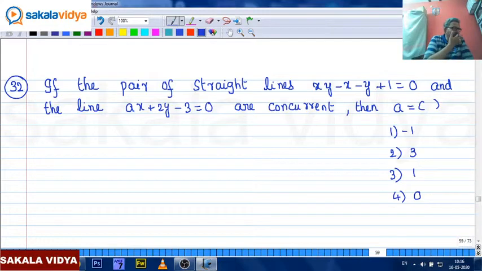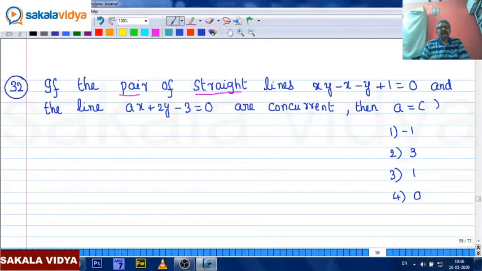Yes, you can apply the direct formula also: hf minus bg by ab minus h square, gh minus af by ab minus h square. Yes, you can apply. I do not deny, any method you can apply.